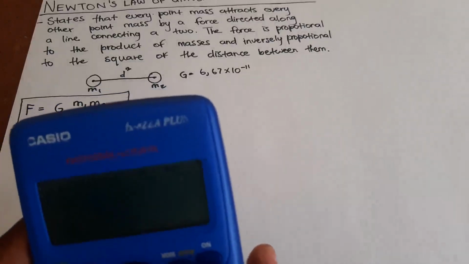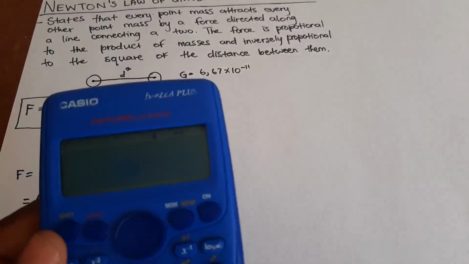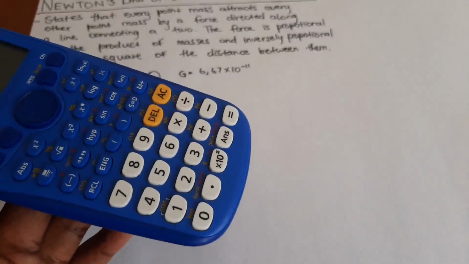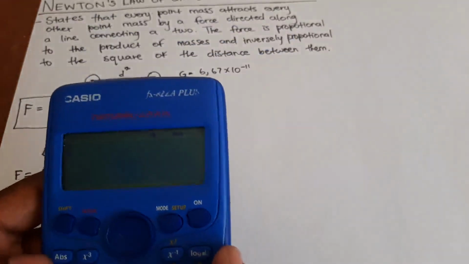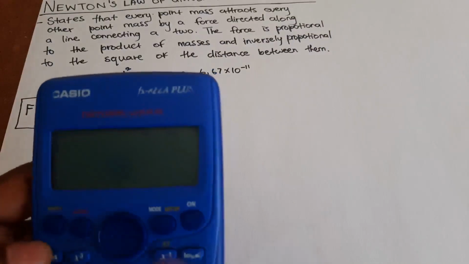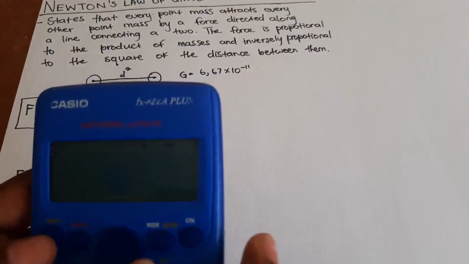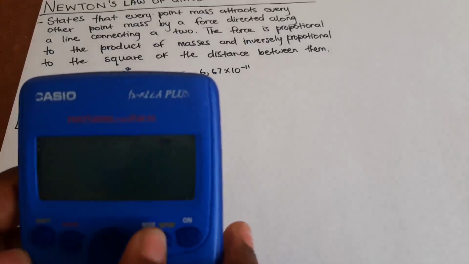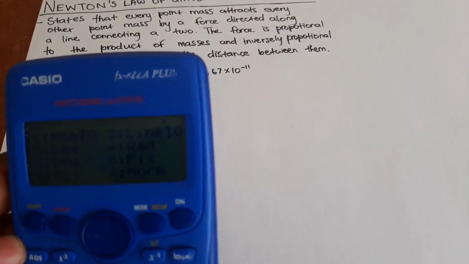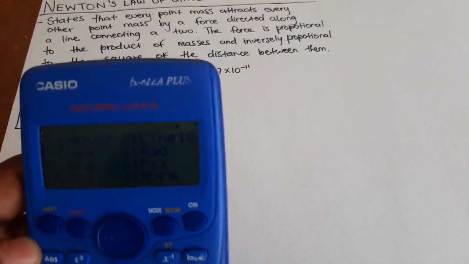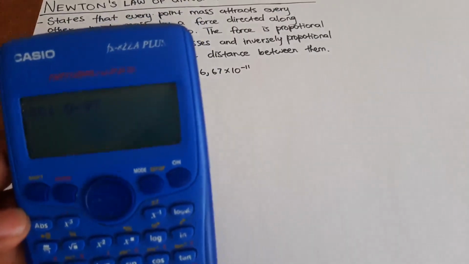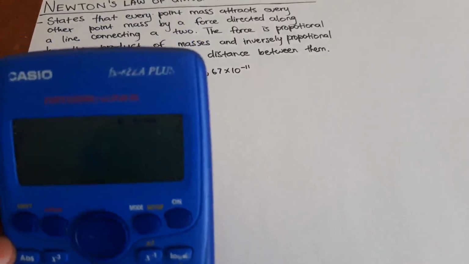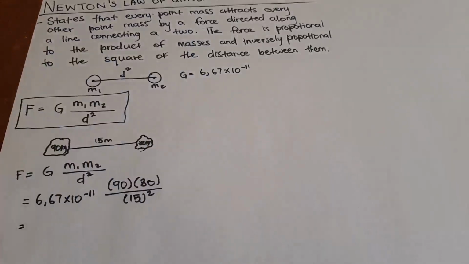If you are using a Casio or any kind of scientific calculator, you have to turn your calculator into scientific mode. Press shift and press mode. That is going to give you 8 options. The 7th option is the scientific mode, so press 7. After pressing 7, you're going to see 0 to 9, and press 3 so that you can round off to 2 decimal places.